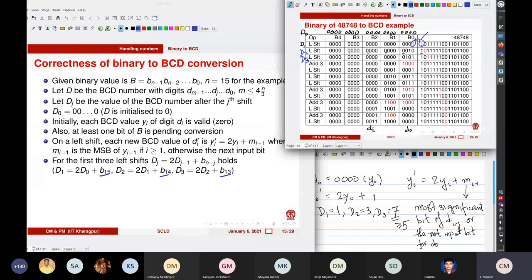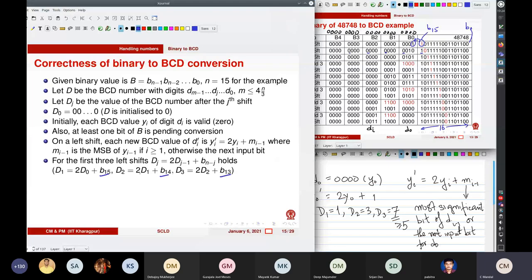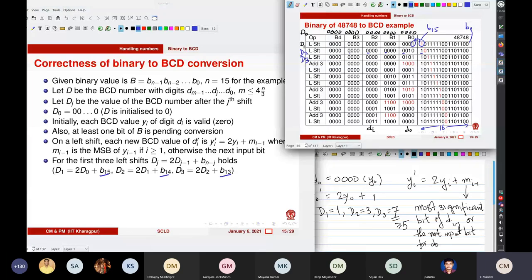So in this case you have 16 bits. This is B0 and this is B15. So for this example, you are working with 16 bits.